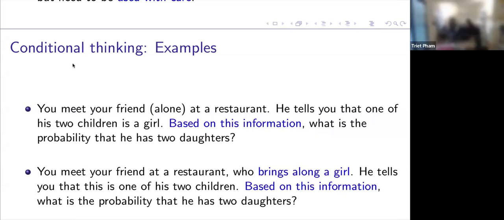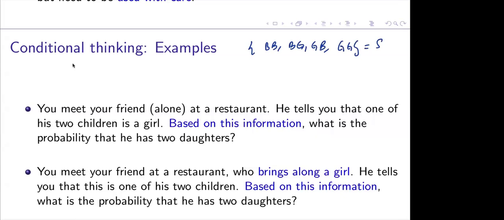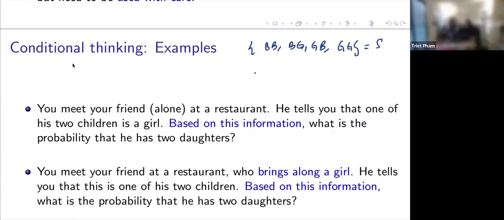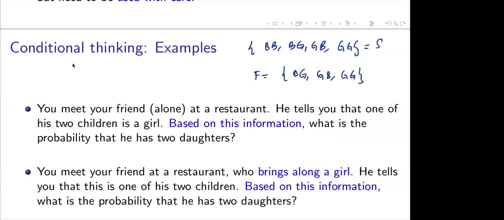Right, that's the original sample space. You're correct. That's S. And then F would be just BG, GB, and GG, so just one of them being a girl. That's not bad. And then E would just be GG, and then it's easy, I think, to find the probabilities from there.